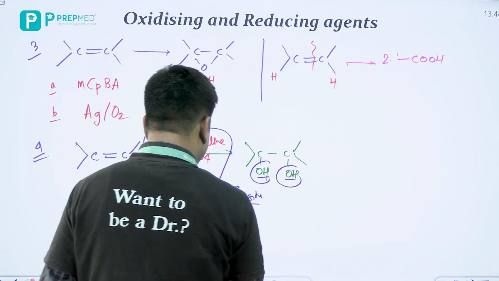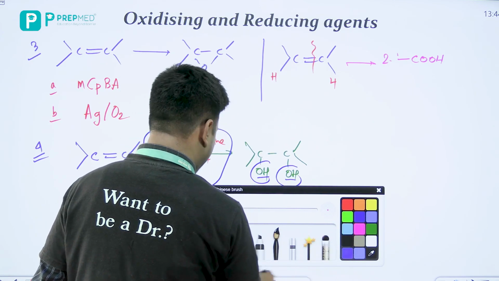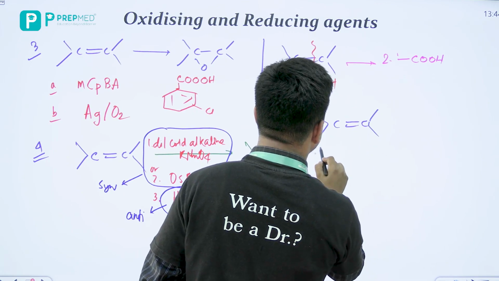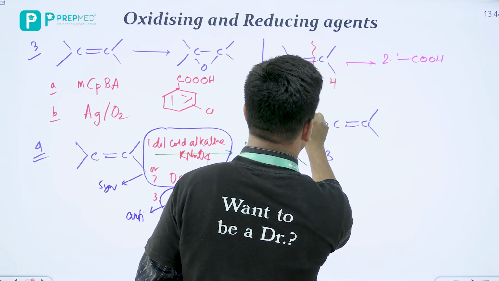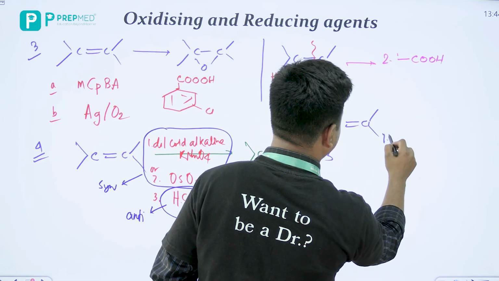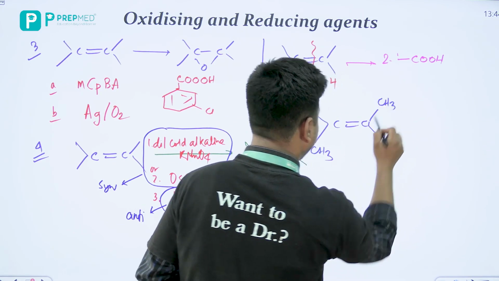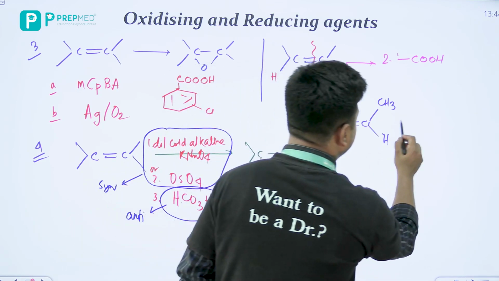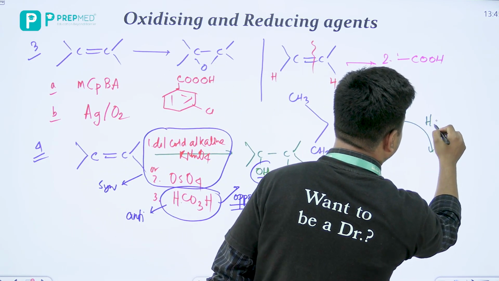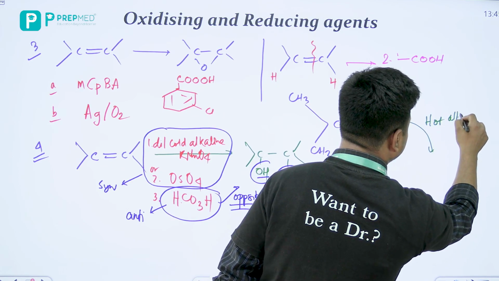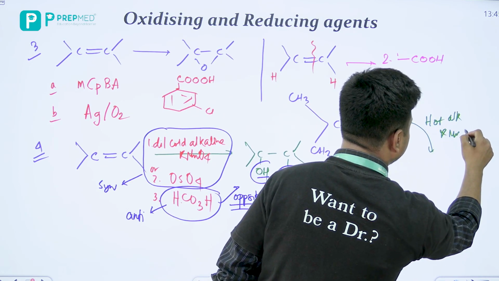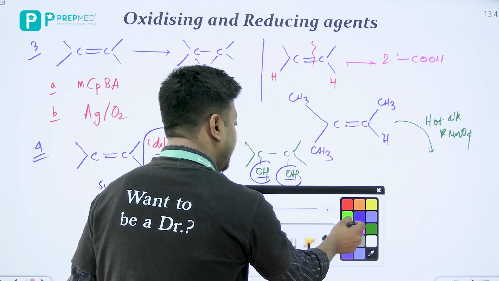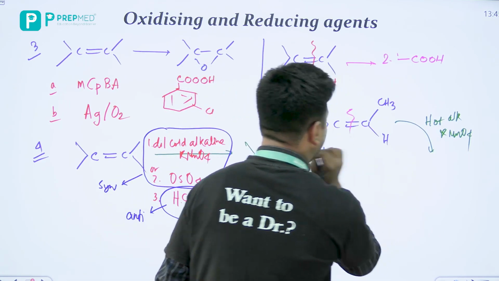But the point is that if I have this kind of system, where there is a hydrogen here and a methyl here, and I am using the reagent hot alkaline KMnO4, then here also it will break from here.